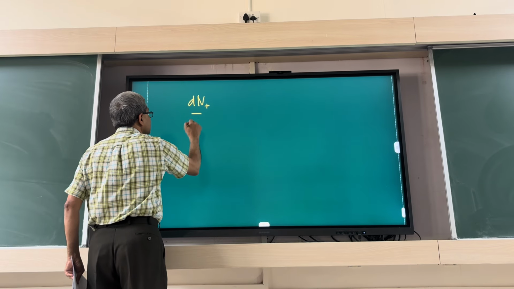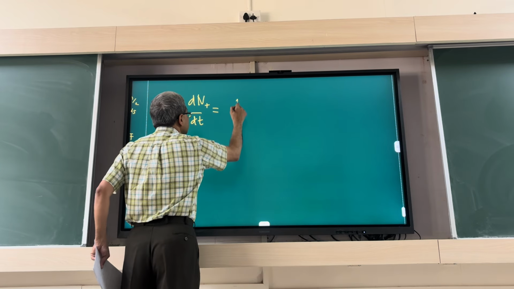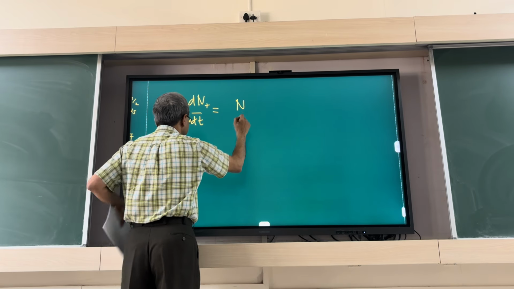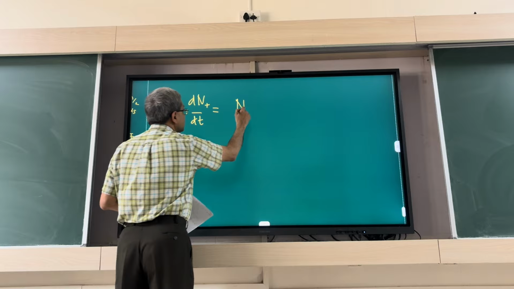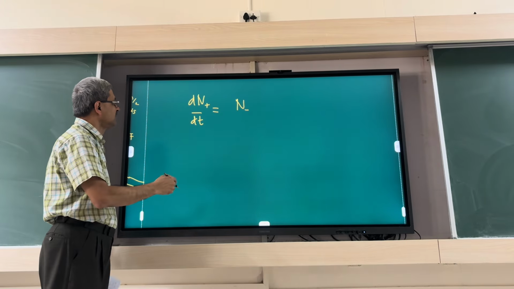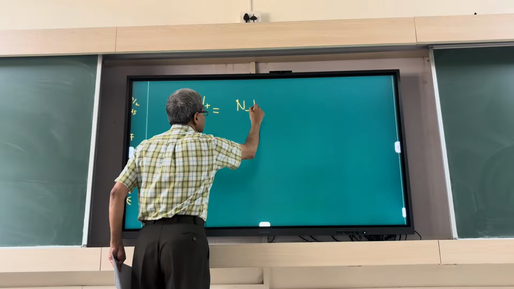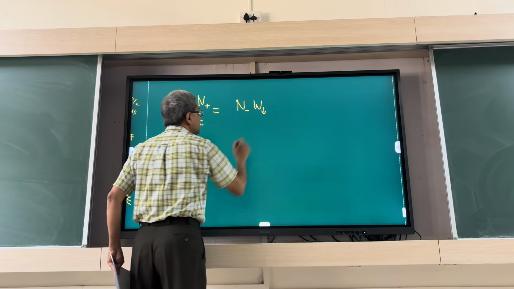So dn plus dt. Once again, you have those which are in this minus level, but they transit from minus to plus. We indicate that by a W with the arrow down.